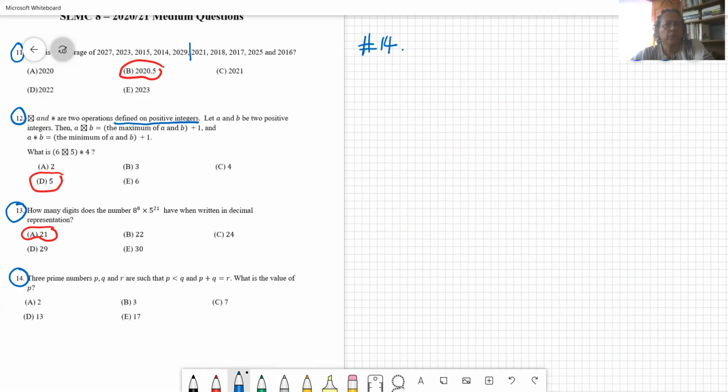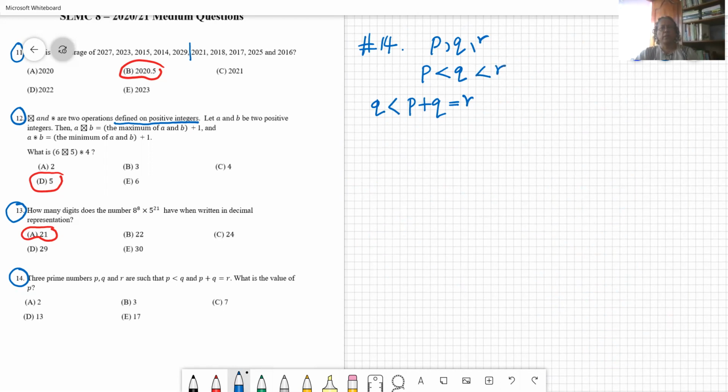So we have 3 prime numbers, P, Q, R, and we are told that P is less than Q. So if P plus Q is R, you can see that Q is less than R. So then this is the order of the 3 primes.